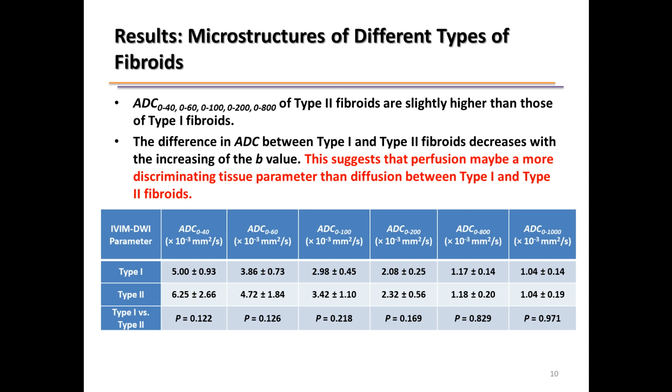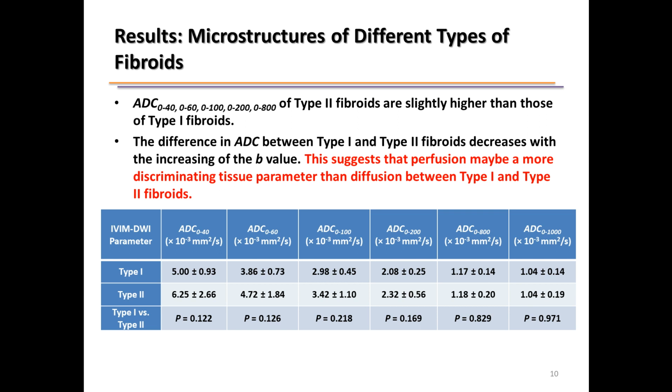In addition to the IVIM model, we also measured ADC with different combinations of b-values using DWI. We found that ADC values measured by the first b-value equal to 0 and the second b-value up to 800 square millimeters per second are slightly higher in type 2 fibroids, and the value difference between type 1 and type 2 fibroids decreases with the increase of the second b-value.